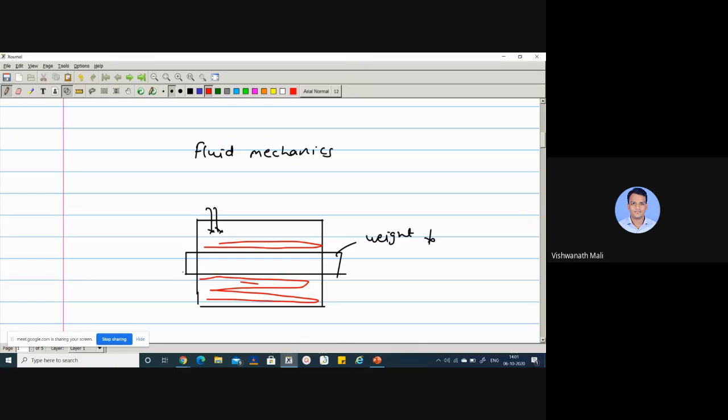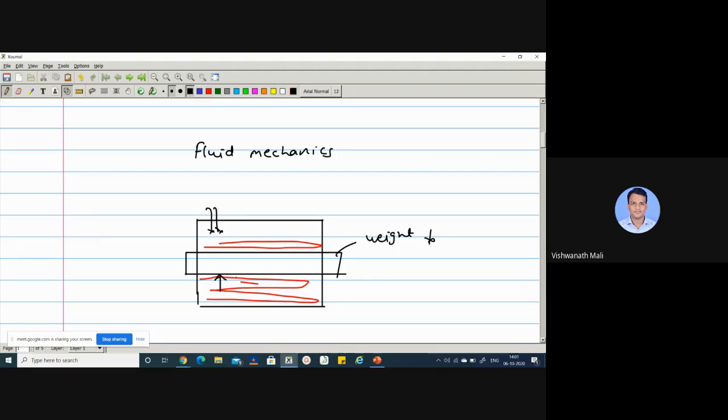Now, we know when we throw any lighter part in water, its density is less than the water, so it will start to float. Why does this floating happen?